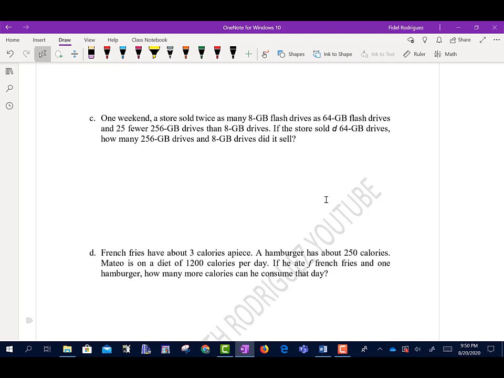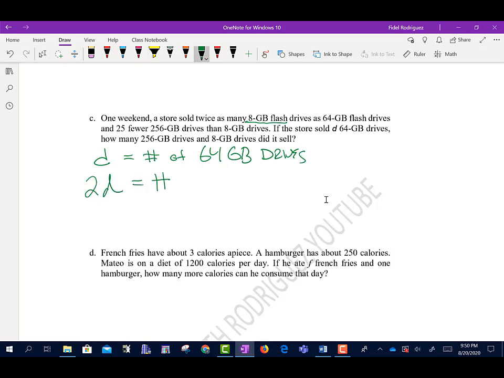The first thing it says is that D is going to stand for the number of 64 gigabyte drives, right? Okay. Now, look what they're talking about. They're talking about how many 8 gigabyte drives. So it says we sold twice those. So then 2D would be the number of 8 gigabyte drives. Okay.